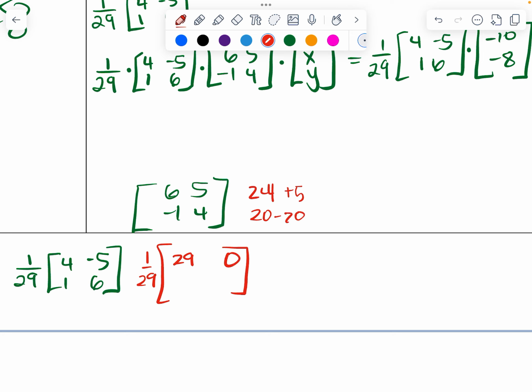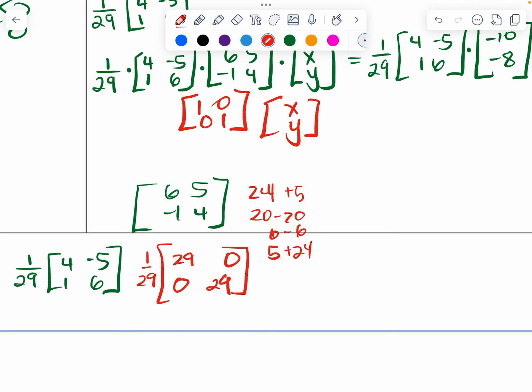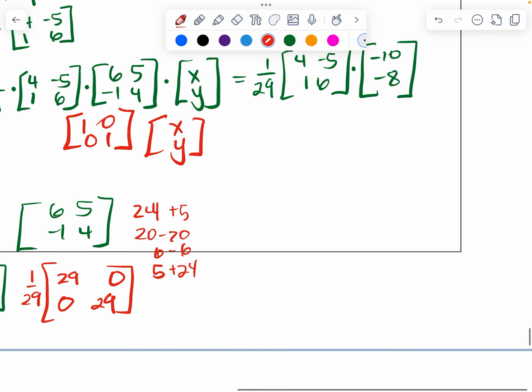And then I'm going to get 5. Is that right? Nope, I did that wrong. Oops. That's going to be 6 minus 6, that's 0. And then that's 5 plus 24, so that's 29. So that means up here I would get 1001, which is my, what do I want to call it? My identity.